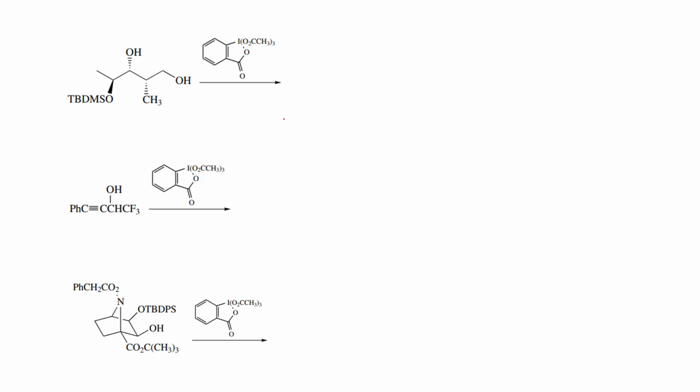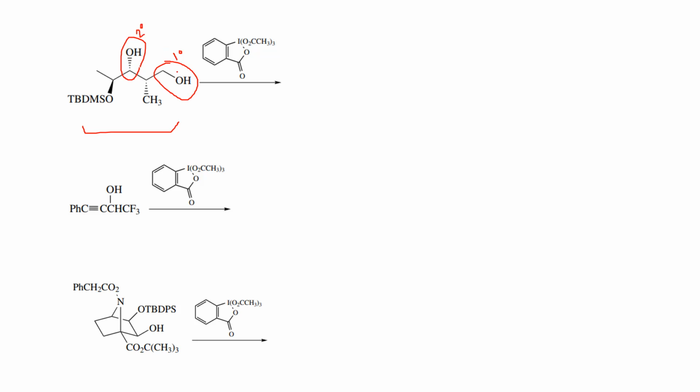So if we try to solve these questions, they have given this one. Now you have to add Dess-Martin reagent. So from the Dess-Martin reaction, you know that there will be oxidation of alcohol. Now there are two alcohol centers, this one and this one. This one is primary and this one is secondary.